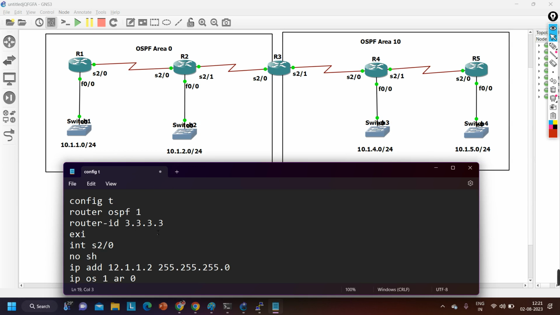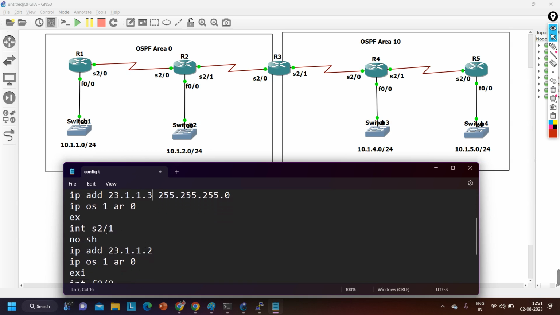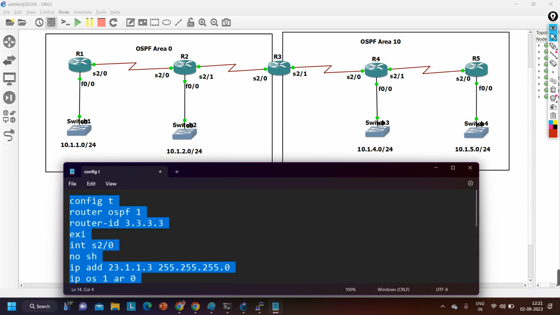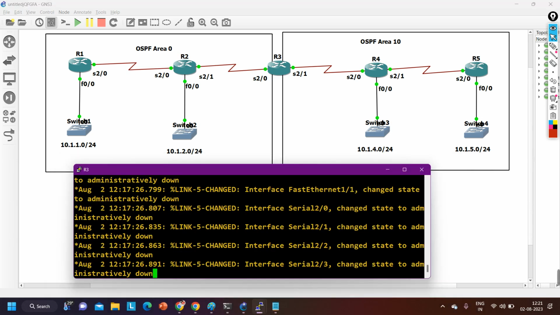So on R3 I will run router-id 3.3.3.3. After that, serial 2/0 IP address will be 23.1.1.3, ip ospf 1 area 0. Then on serial 2/1, 34.1.1.3, ip ospf 1, and here I am going to say area 10, and then exit. Let me copy the commands and paste them on R3.